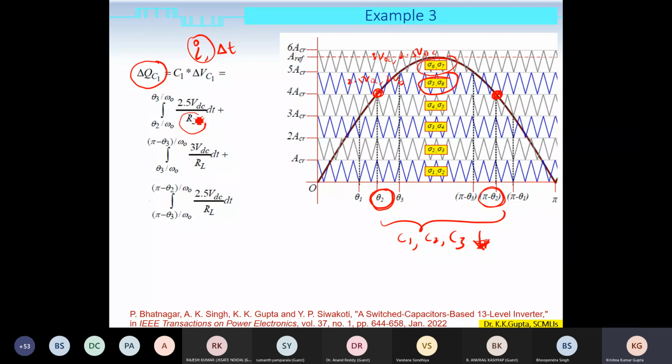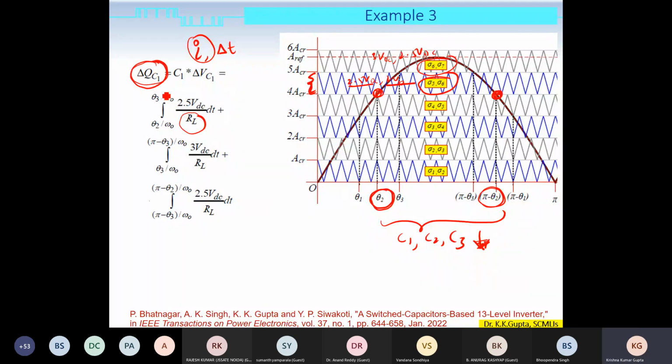So the current flowing through it in this part, since the voltage is 2.5 and 2, when the voltage is 2.5 VDC, then the current will be 2.5 VDC by RL. And when the voltage is 2 VDC, the current through the capacitor will be 2 VDC by RL. And in both the states, the capacitor is undergoing discharge. So for this whole duration, we are calculating the amount of discharge.